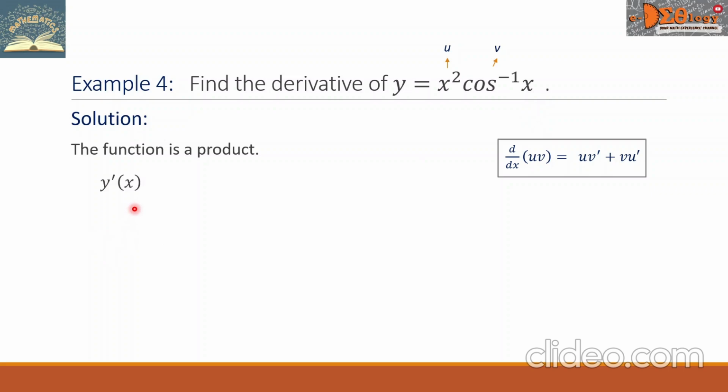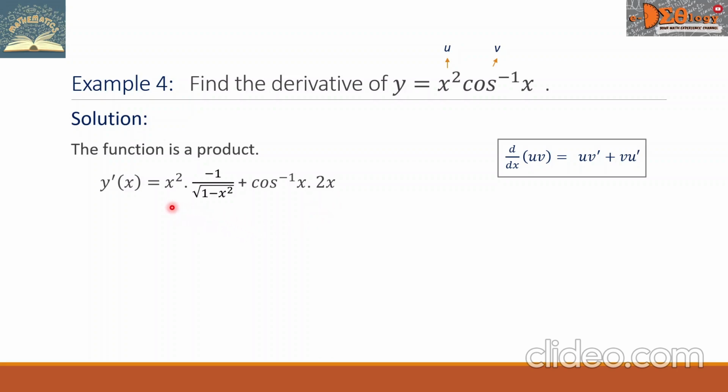Now, the derivative, that will be, we copy the u, that is the x squared, times derivative of the cosine inverse x. So we write here negative 1 over the square root of the quantity 1 minus x squared, plus we copy the v, the cosine inverse x, it's here, times the derivative of u, that is x squared becomes 2x.